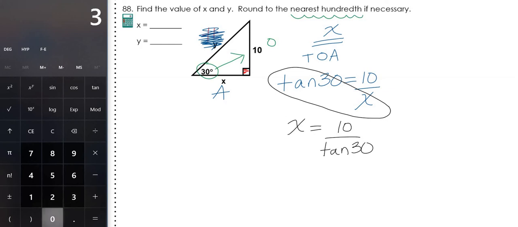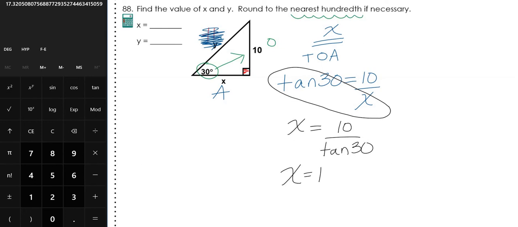Now I'm going to do 30 tan, and it's going to tell me what the tangent of 30 is. It's like 0.5773. So I'm going to say yes, that's the tangent of 30. Use that as the denominator. Equals. So it's 17.32. So my answer for x is 17.32, and that's rounded to the nearest hundredth. It's out 2 decimal places. Now let's move on to y.